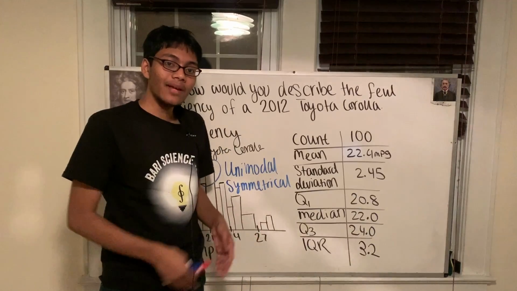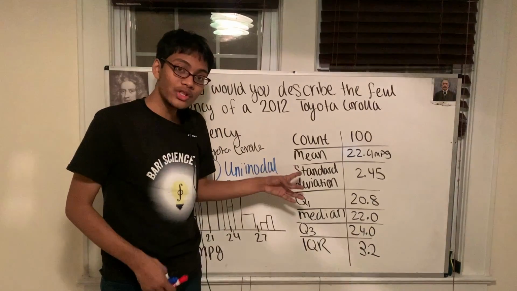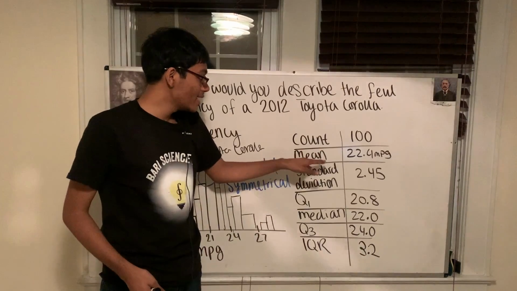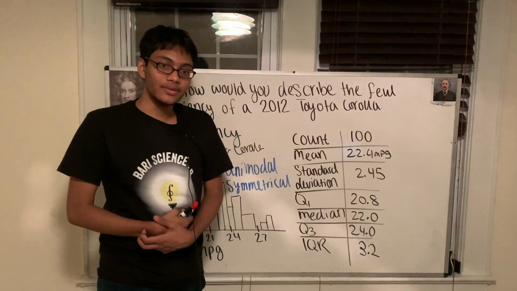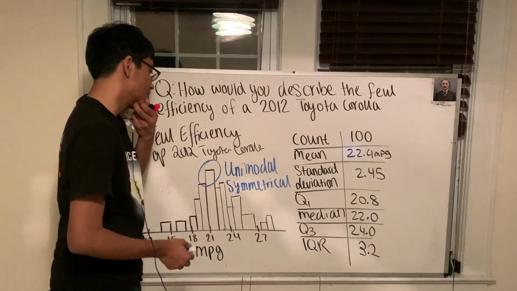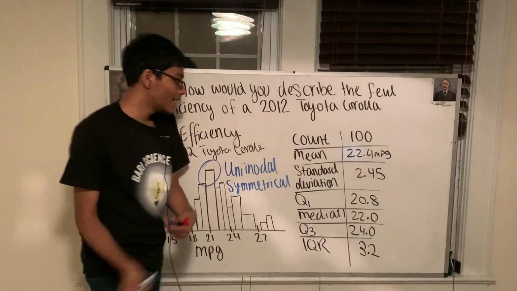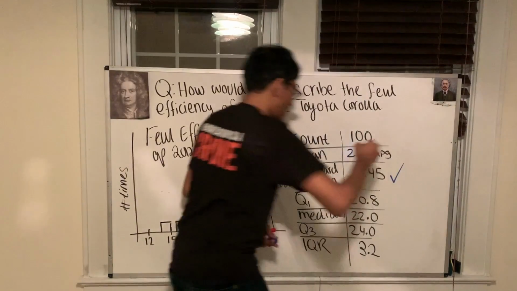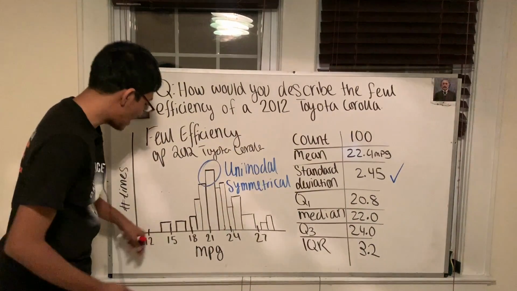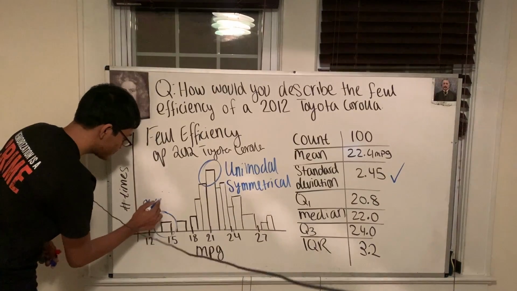So that means every time you fill your tank, the average amount you'll differ from the mean will be 2.45 mpg. So that's our interpretation of the standard deviation. So we've got our unimodal, we've got our symmetrical, we've interpreted our standard deviation, but have you noticed there's an outlier right here? There's an outlier here, and we should interpret that.